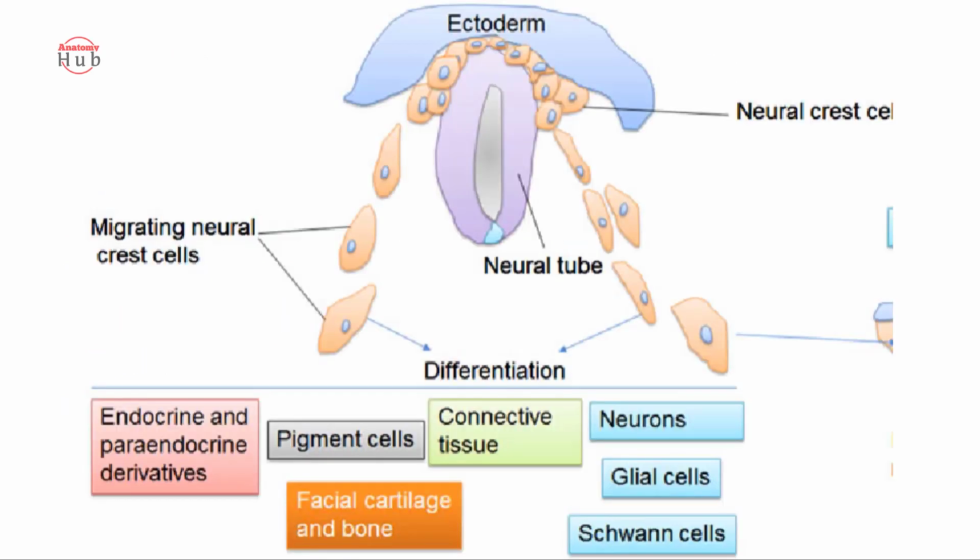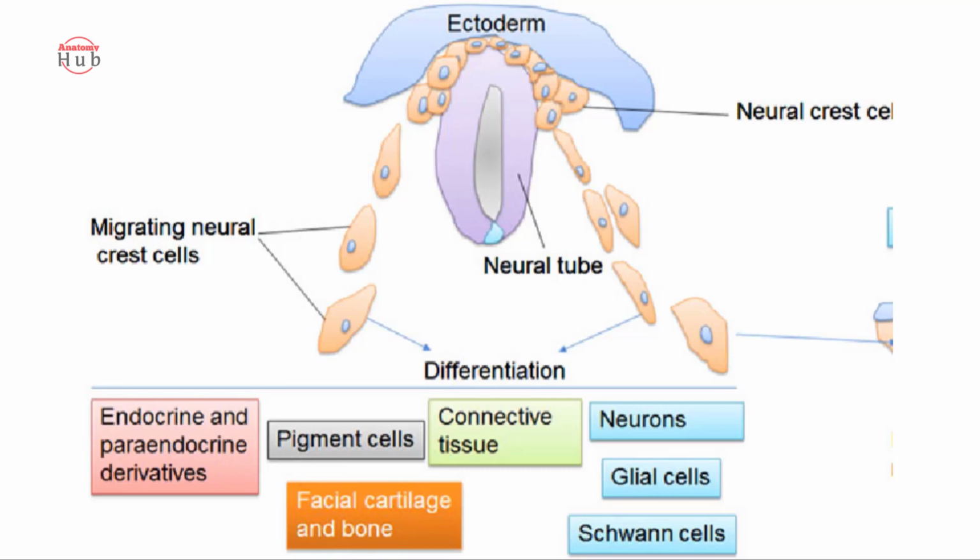The neural crest cells give rise to neurons of spinal and autonomic ganglia and ganglia of cranial nerves, pigment cells, that is your melanocytes, adrenal medulla, meninges, and also contribute to the pharyngeal apparatus.